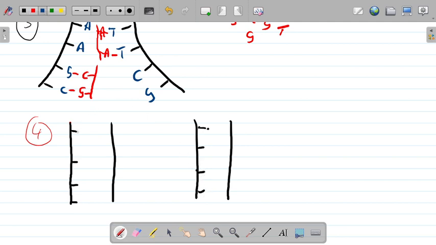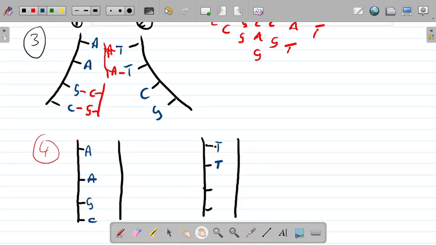Remember, in the original we had adenine, and then guanine and cytosine. And another template, template 2, we had thymine, right? We had thymine and thymine. Let's do it like this.